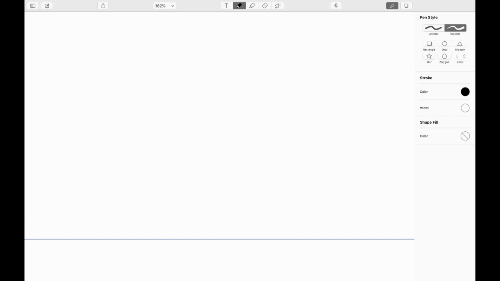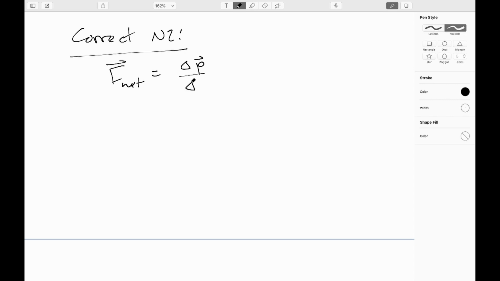Now that we have defined momentum, we can go ahead and write this mathematically. So the correct version of Newton's second law says that the net force applied to a thing is equal to the time rate of change of its momentum.